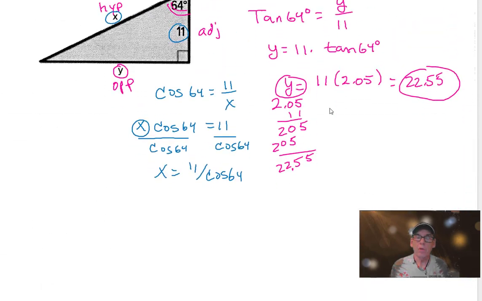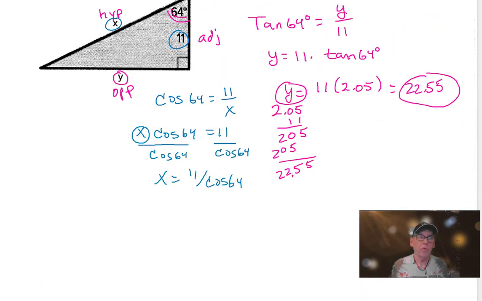Go back. So we're going to do 11 divided by 0.44 to be our x. We have to move the decimal over 2 places. So we have 1100 divided by 44.